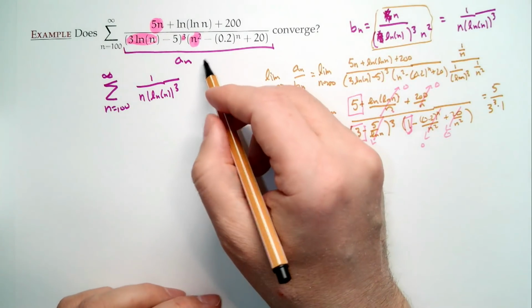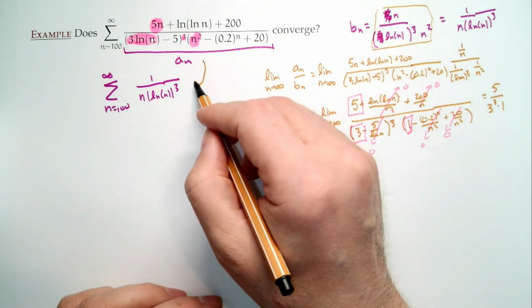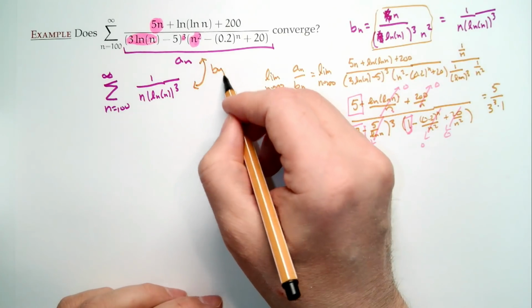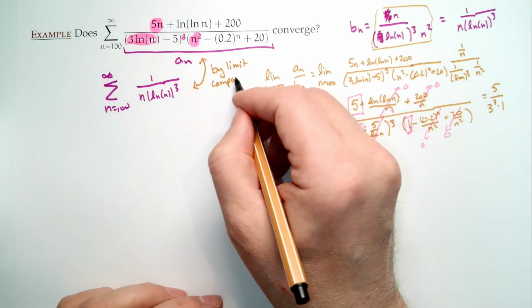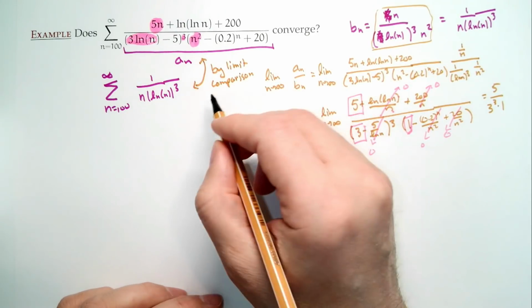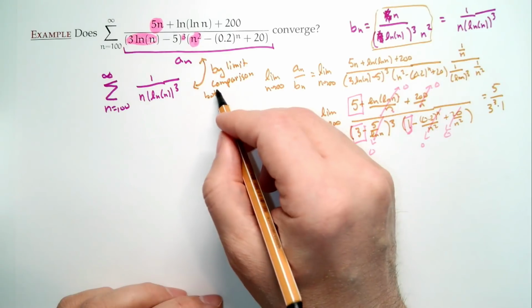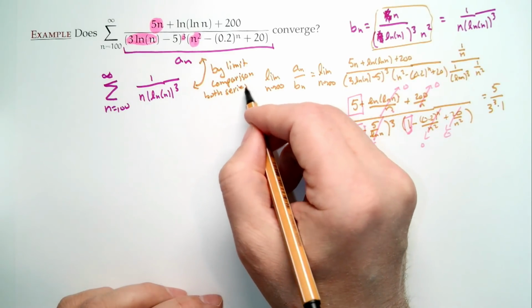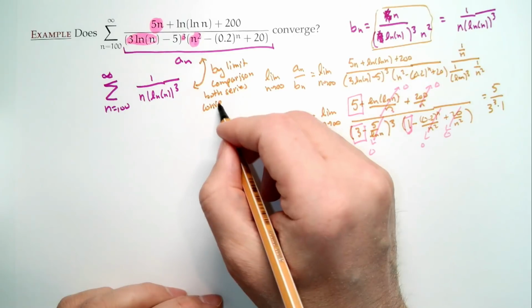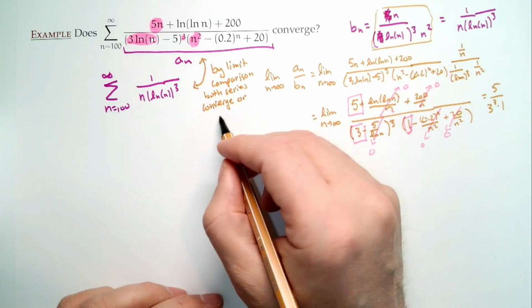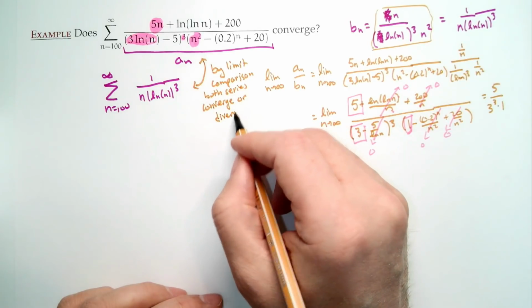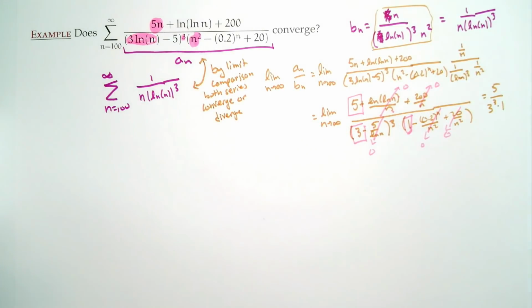So, our moral is, now we have that by limit comparison, we know that both these series will converge or diverge. So now, instead of having to deal with the original series, which had a lot of noise, now we can deal with this simplified one, which is more straightforward.